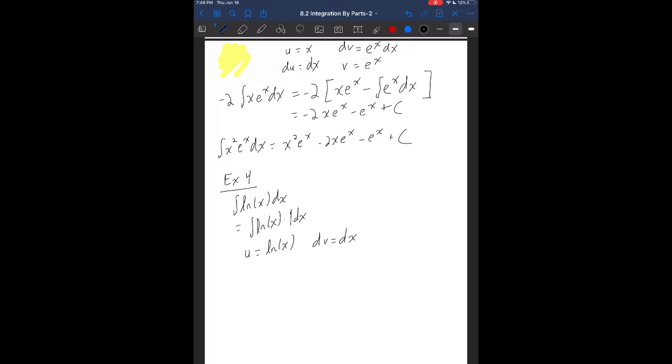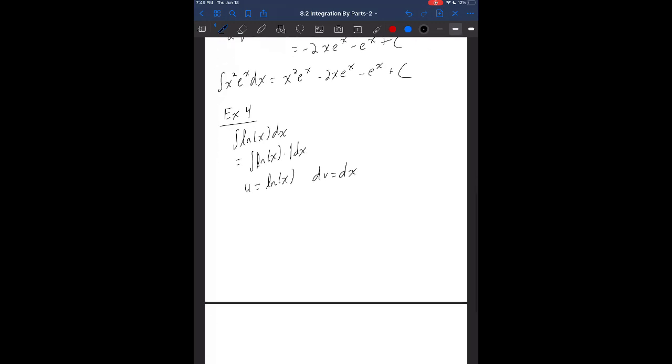So we'll pick our u as natural log of x. Okay. The derivative of u, du, is 1 over x, and the integral of dx is v equals x. Throw dx on there. Okay.